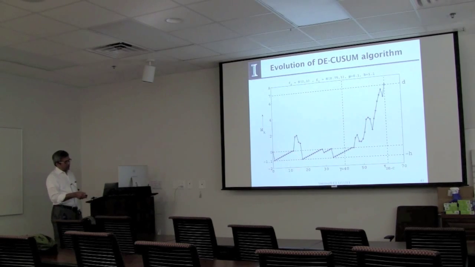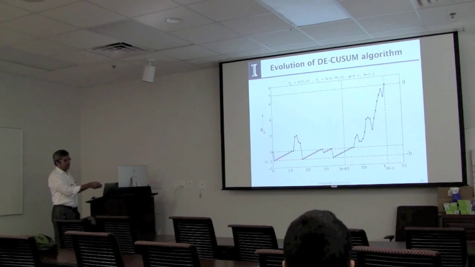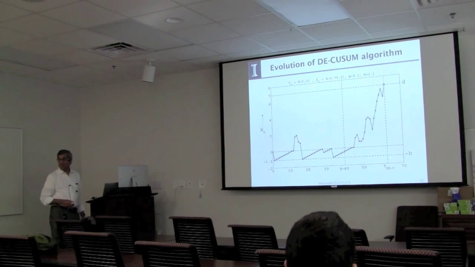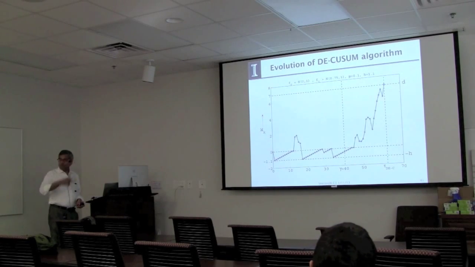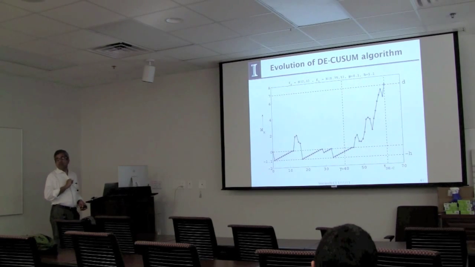And to avoid waiting too long before taking observations, we might want to threshold that value below at some negative h. So you don't allow the statistic to go below that. So instead of 0 now, we have another threshold minus h, but between minus h and 0, we skip observations. Okay, and this turns out to be very good.